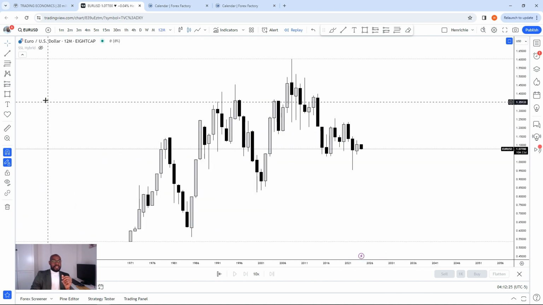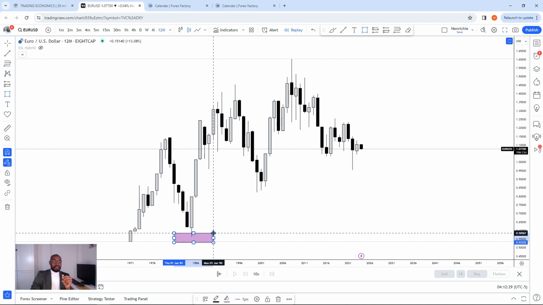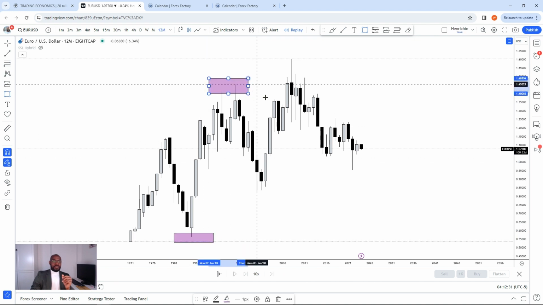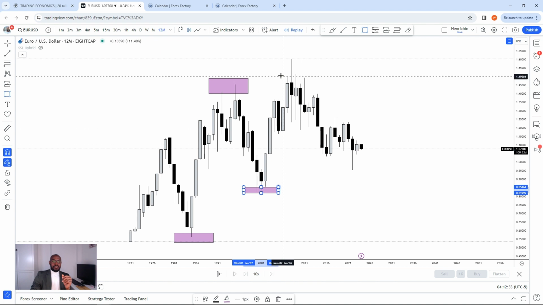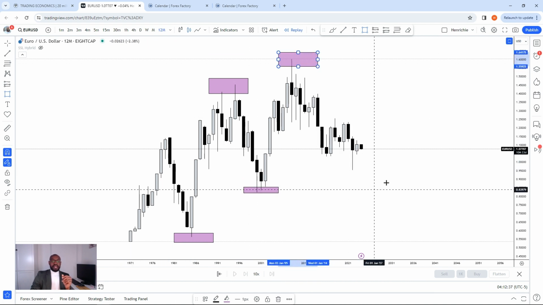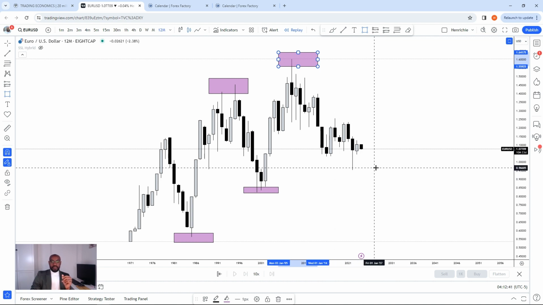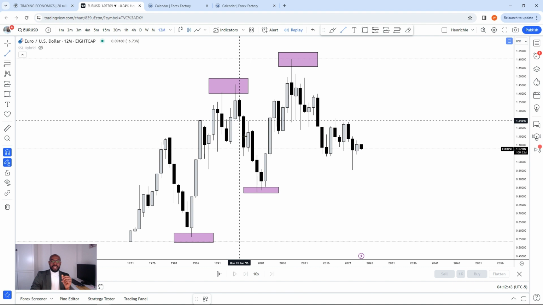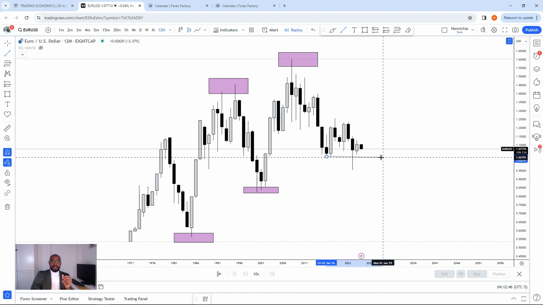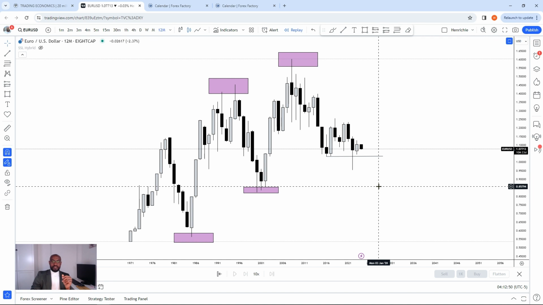Now you can see very clearly how price has nicely created a low and a high, a low and a high. Now we don't know whether this is going to be a low or not. We don't know that. But the only thing we can see right here is that this looks like a run on liquidity. It doesn't look like a break of structure.